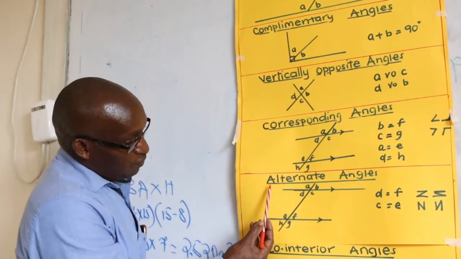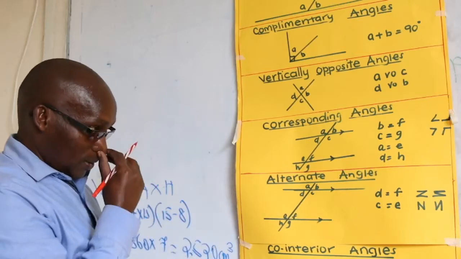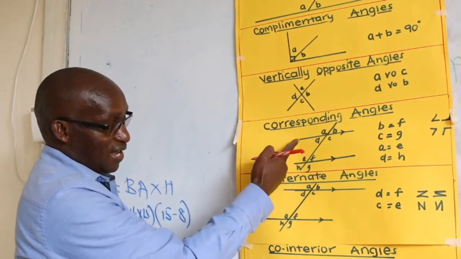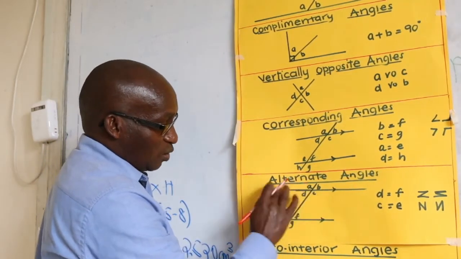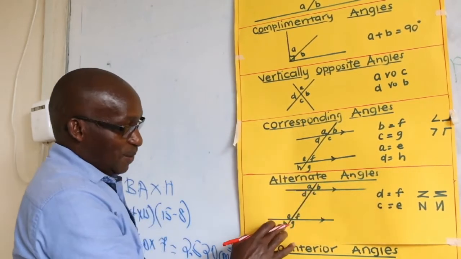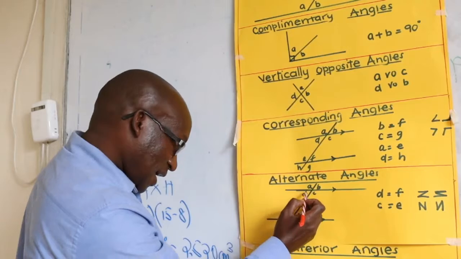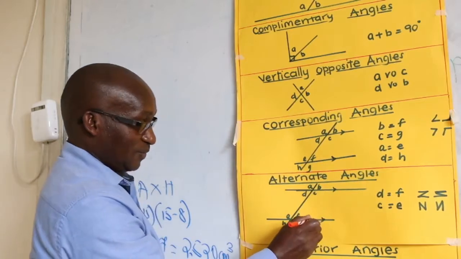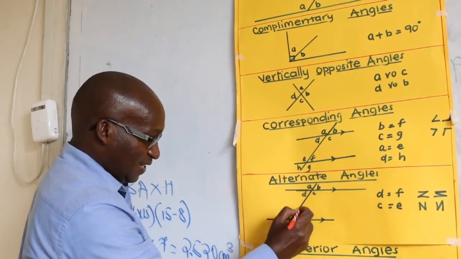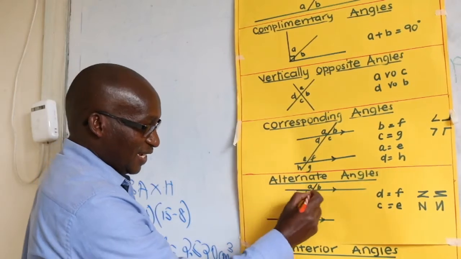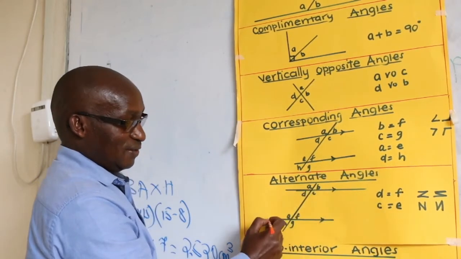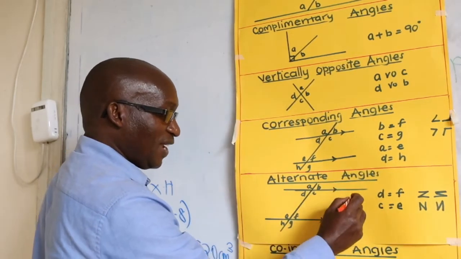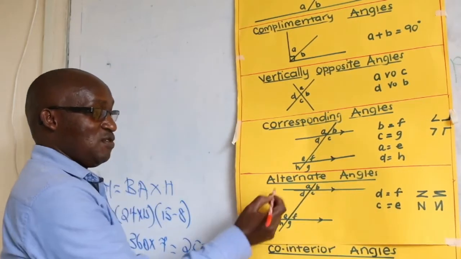Then we have got what is referred to as the alternate angles. Alternate angles are angles that are formed when a transversal, like in our case here, cuts across two parallel lines. When that happens, you are able to form letter Z. It can also be an inverted Z. It's either letter Z or inverted letter Z. It could be letter N or an inverted letter N that will give you alternate angles.